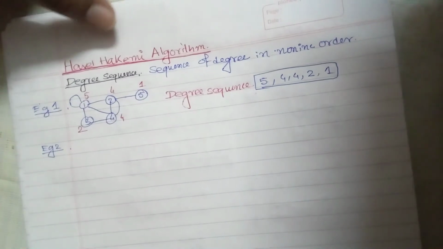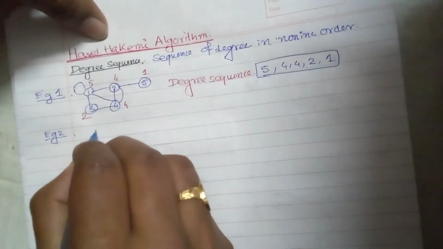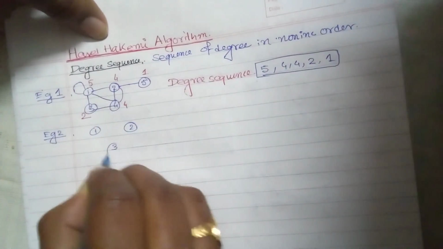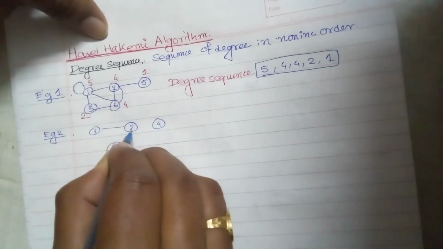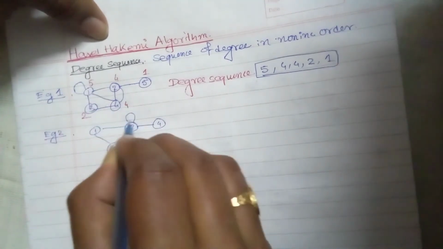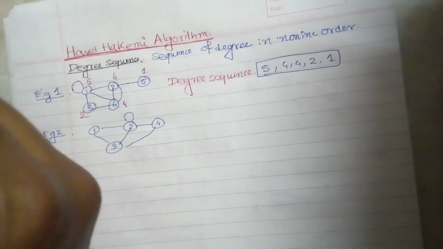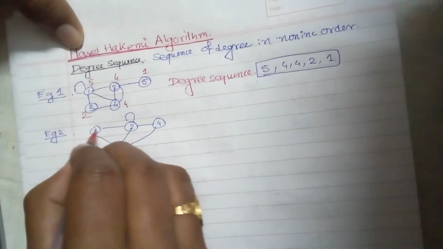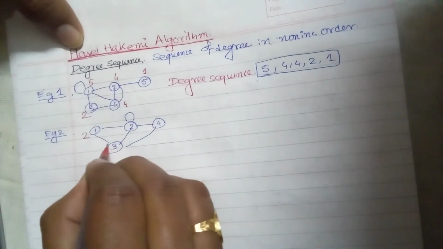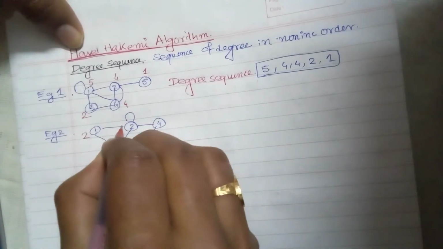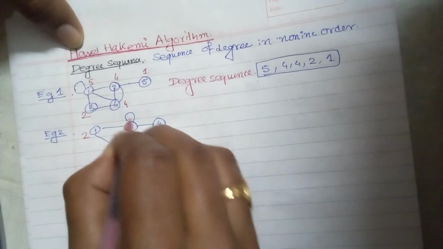Okay, next let me take another graph. Okay, this is the graph. So I can write the degree of each vertex. So it has degree 2, it has degree 1 2 3, it has degree 1 2 3, 1 2 3 4 5.